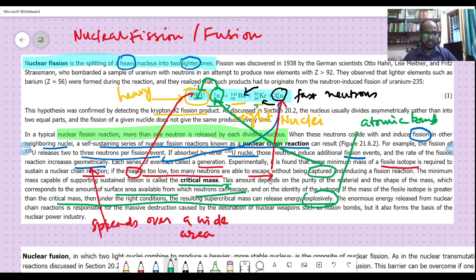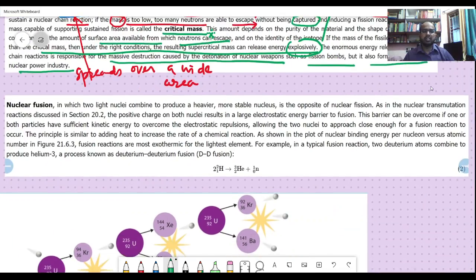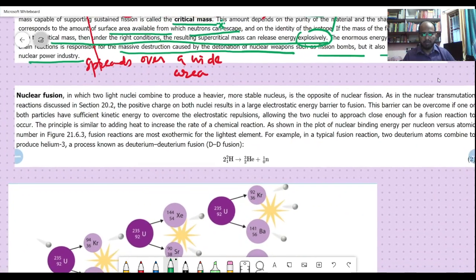The enormous energy released from nuclear chain reactions is responsible for the massive destruction caused by the detonation of nuclear weapons such as fission bombs, but it also forms the basis of the nuclear power industry. Even so, if it is controlled, it is well and good. The energy can be used for electricity and many other industries. If it is not controlled, it becomes a bomb.